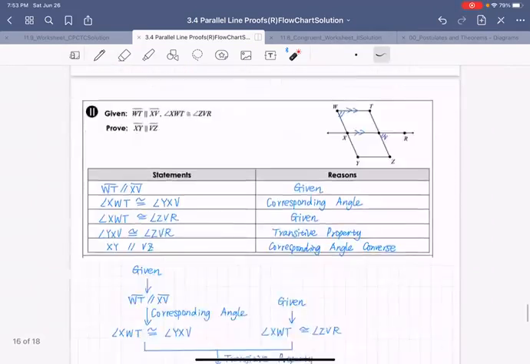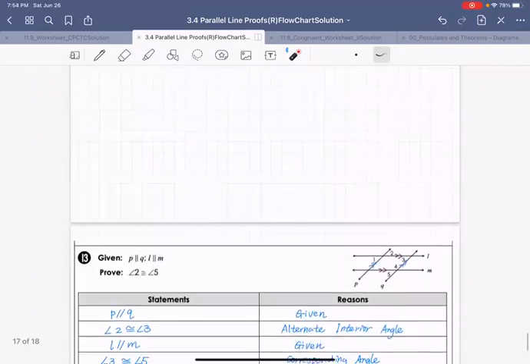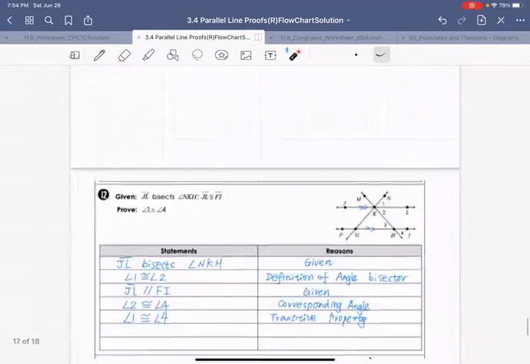Now, I don't have a number 10, really, I think. Okay, let's do a number 10.